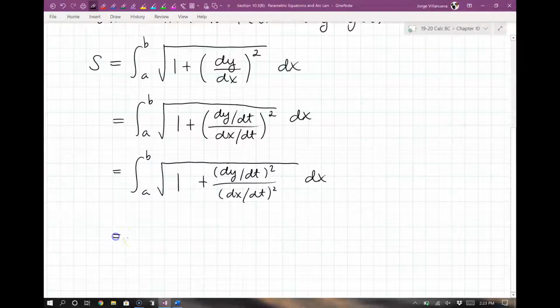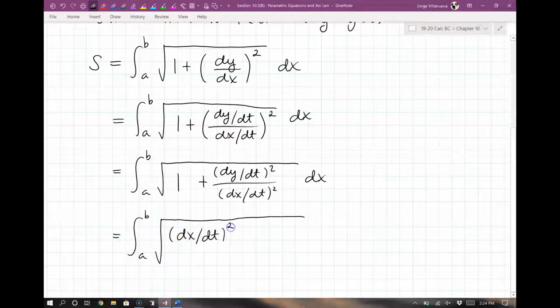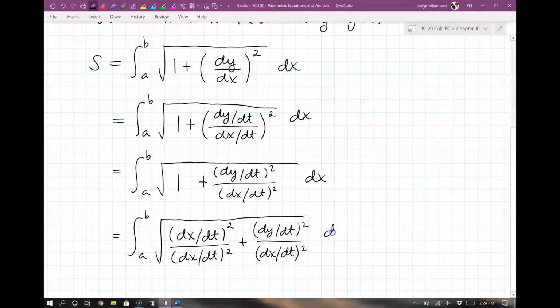So these things right here, I'm going to want to put them together. So I'm going to write integral from a to b of, now I have to get a little creative with the number 1. I'm going to write it as dx dt quantity squared over dx dt quantity squared. That way they have the same denominator as the other fraction, which is dy dt quantity squared over dx dt quantity squared dx.